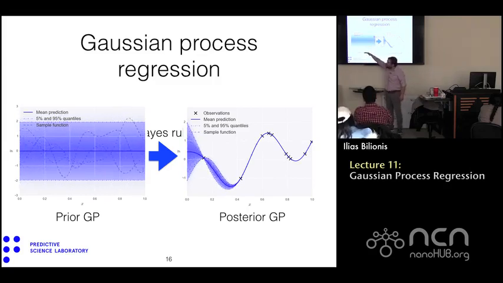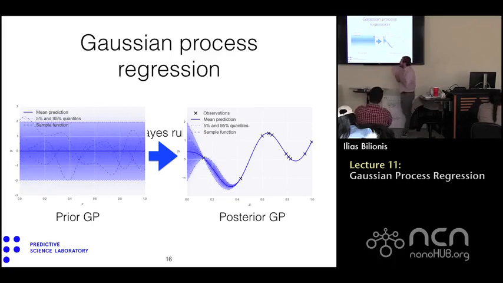The joint distribution of these 1,000 points plus the values of the function at the observed inputs has to be Gaussian. Then I'm saying, let me use Bayes' rule. I have a 1,010 dimensional random vector, and I'm just observing 10 components of it. Let me use Bayes' rule to derive the posterior. So you derive the posterior, and just by observation, it looks like a Gaussian process with a special covariance and a special mean.